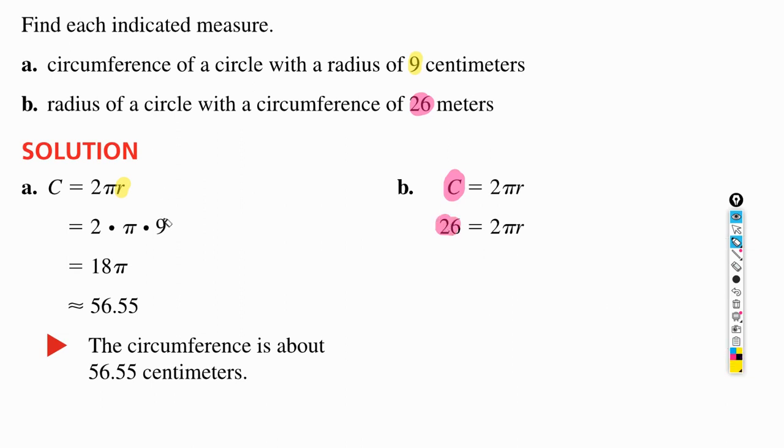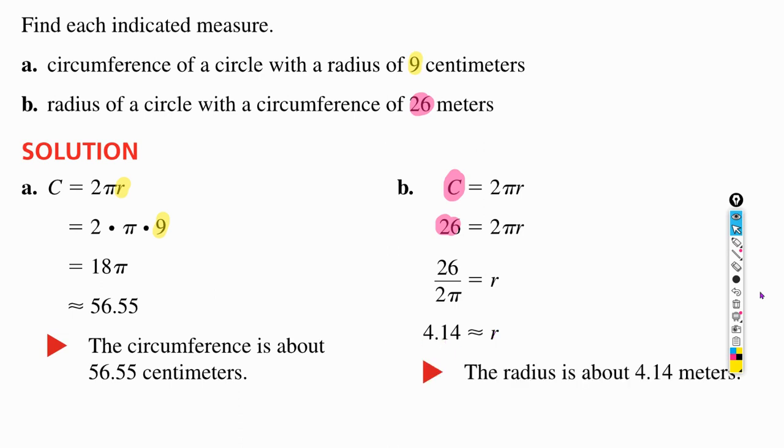Okay, and actually I should have highlighted that too, 9. So 26 equals 2 pi R. I'm going to divide 26 by 2 pi. And that's going to give me my radius. So the radius is approximately 4.14. All right, any questions?